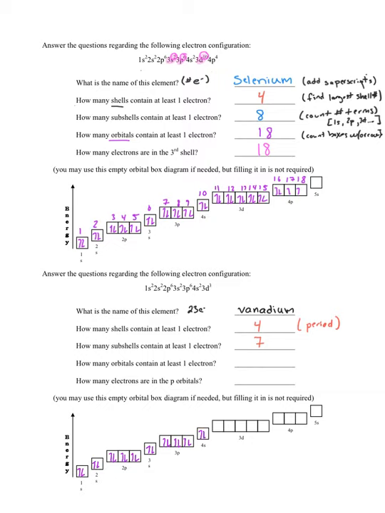And then we get to 3d, because of Hund's rule, we put our 3d electrons into 3 separate orbitals. And so when we go to count our boxes, again, we got 1, 2, 3, 4, 5, 6, 7, 8, 9, 10, 11, 12, 13 orbitals represented for vanadium.